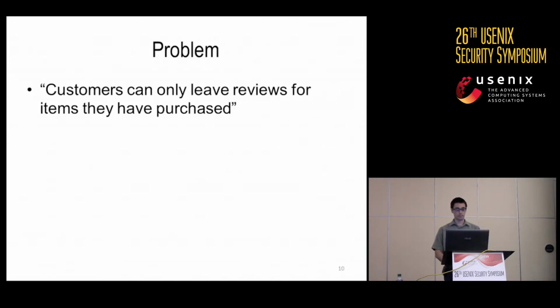So an example of that is, suppose I have this policy that I want to enforce. I want to say that customers can only leave reviews for items they have purchased. Now the reviews table may have a user ID field that gives me an idea of who left the review, but the review table may have no idea of what customers have purchased.